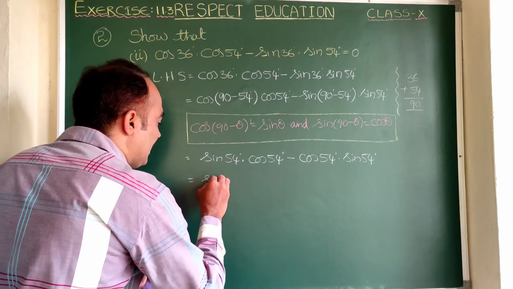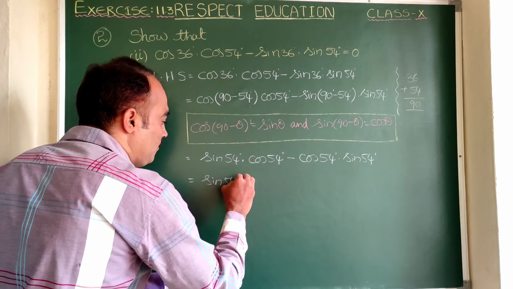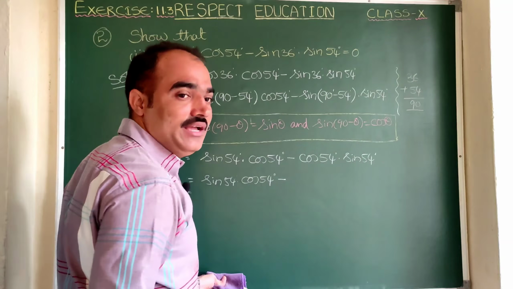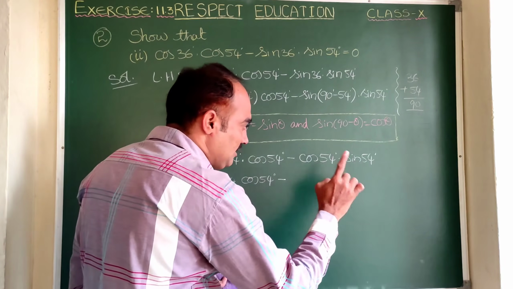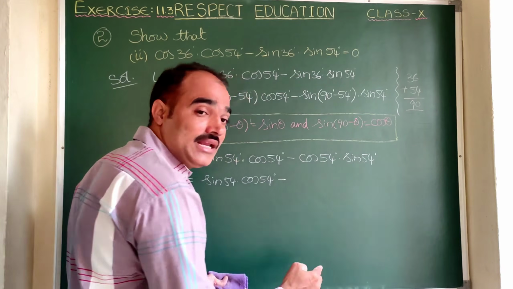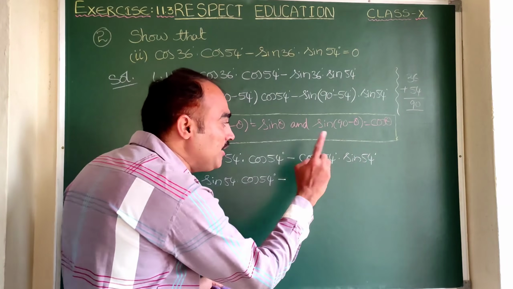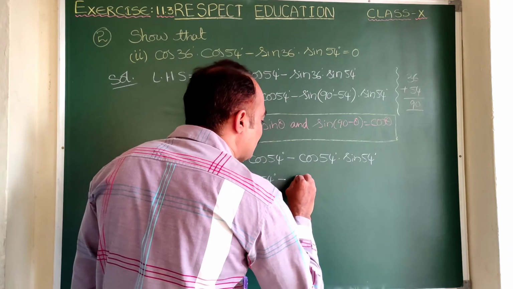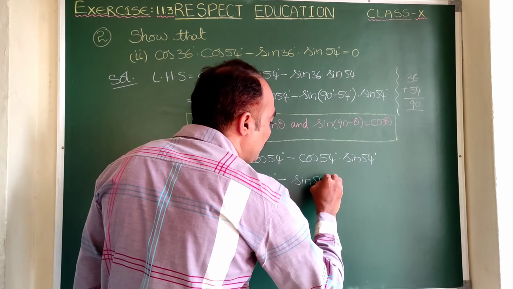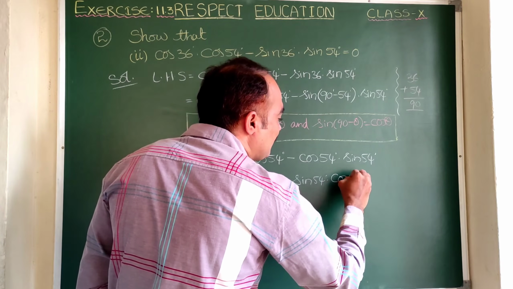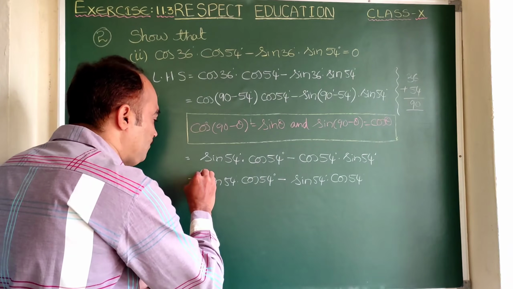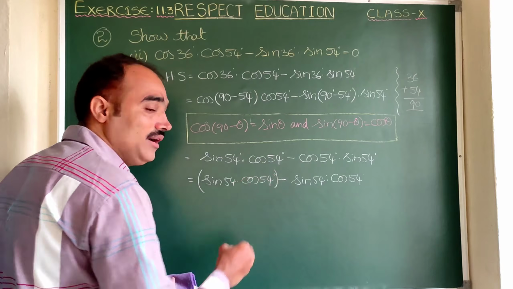Now let us write this one as it is, sin 54 degrees into cos 54 degrees minus, just imagine this as A into B, which can also be written as B into A. So we can write sin 54 degrees first into cos 54 degrees. Is it clear?